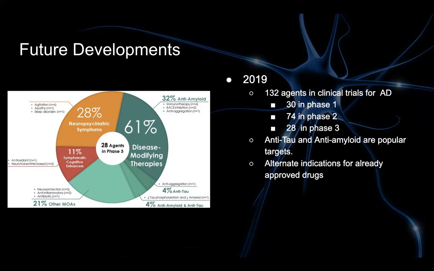Many of the targets for these new agents have anti-amyloid and anti-tau properties that directly target the disease. Others are trials for drugs that already exist for other indications like blood pressure or cholesterol drugs, such as losartan, amlodipine, or atorvastatin, that target the underlying cerebrovascular disease that I discussed previously.